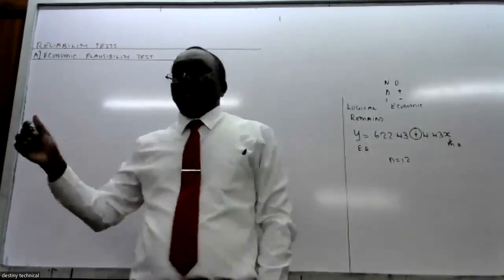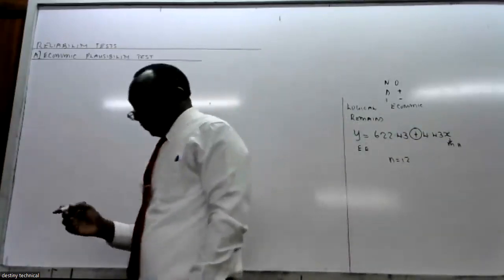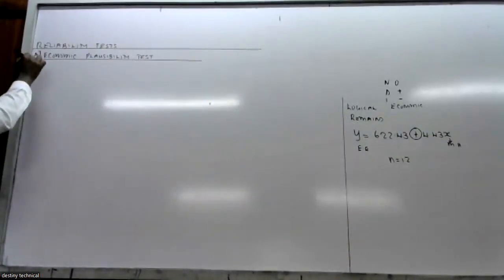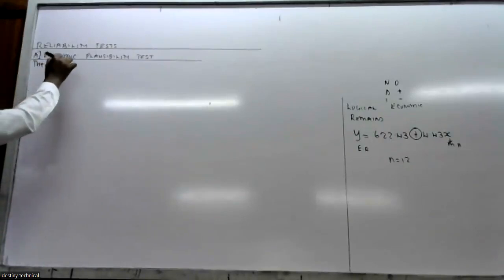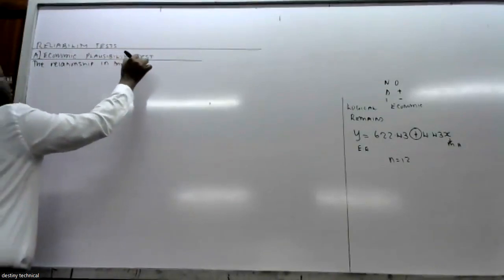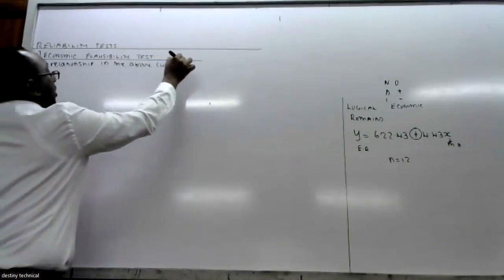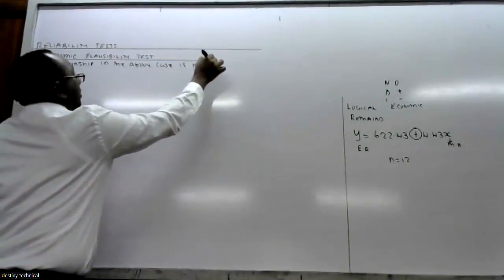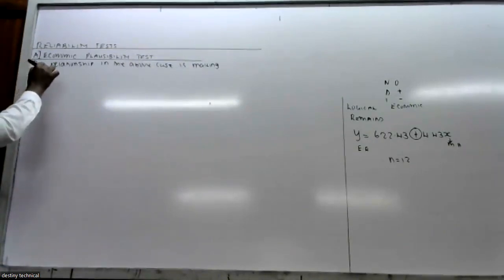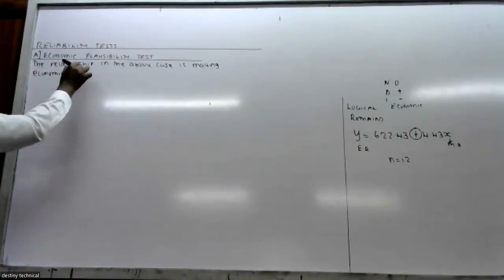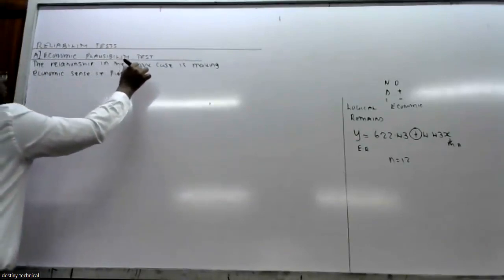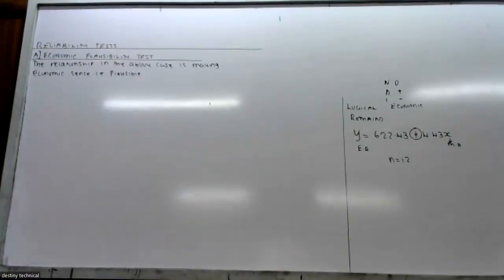So now let's go back here and write the following. The relationship in the above case is making economic sense. That is plausible.